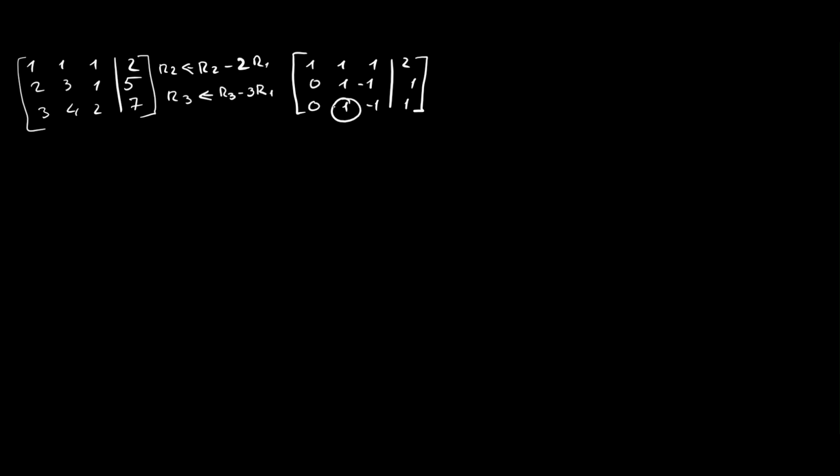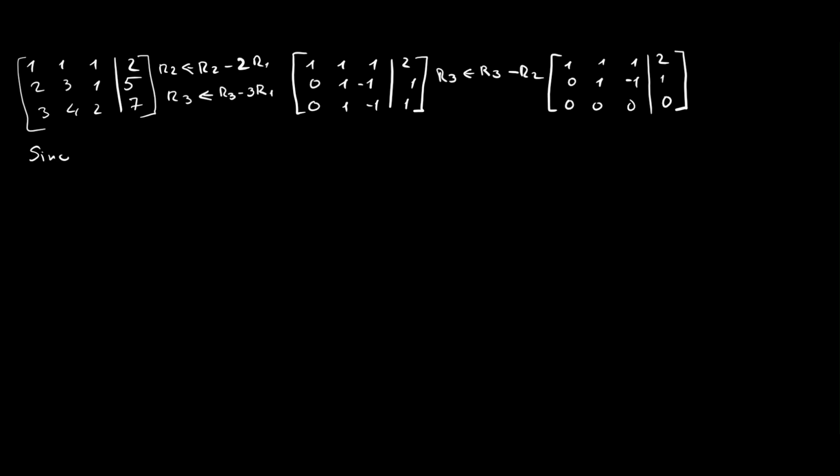Okay, now we're just gonna get rid of this one. Awesome. So as we can see, we got 0 equals 0, which means we have an unlimited amount of solutions. So that's what we're gonna write.